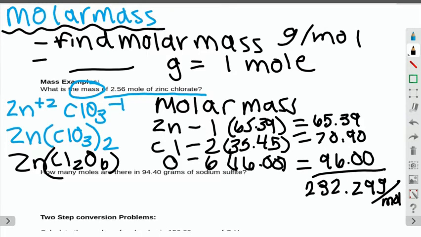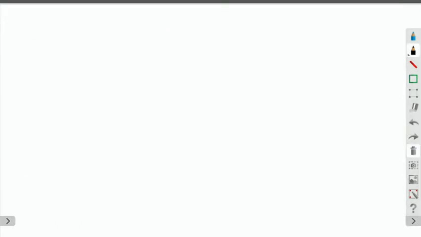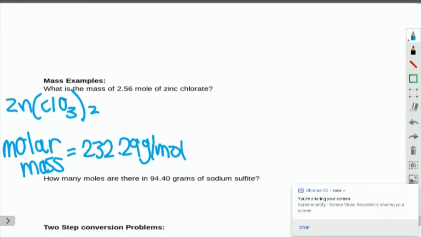I'm going to erase some of this because you probably have more space, but I only have the screen space. The molar mass will be used to convert the moles to the mass in the problem. I just rewrote the formula and the molar mass closer to the left so I can show my work.